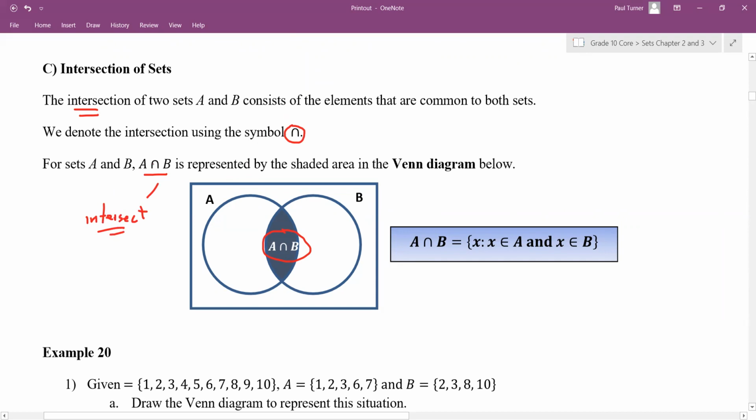This is very common, and you're going to have to learn this notation. Formally, it says that X is an element of A and an element of B. It means it's in both A and B, so it's in both sets.